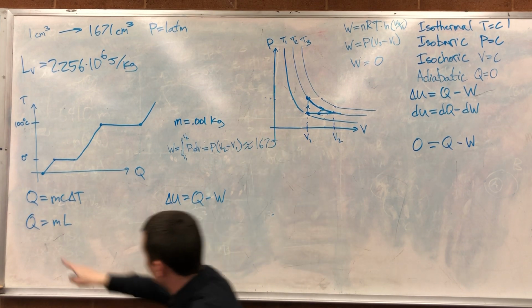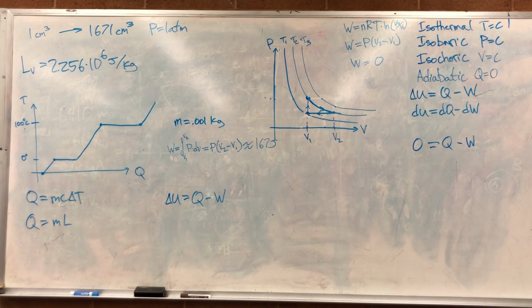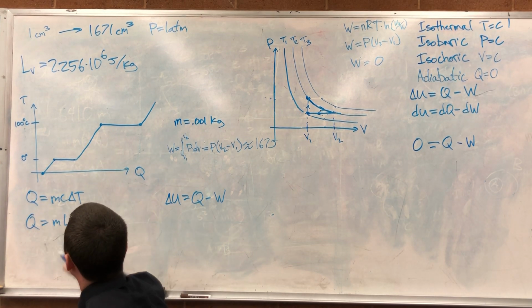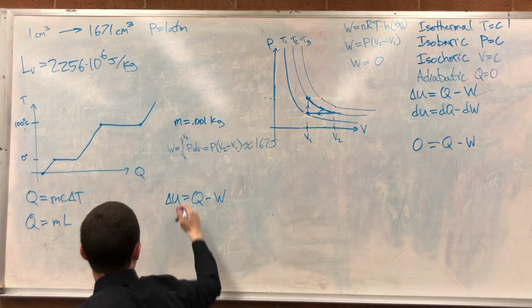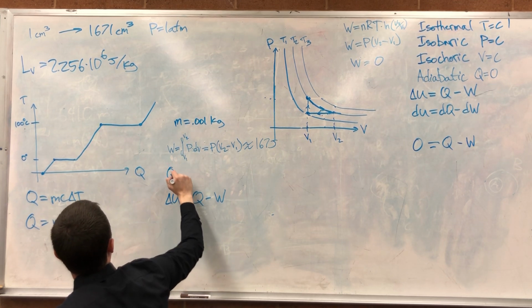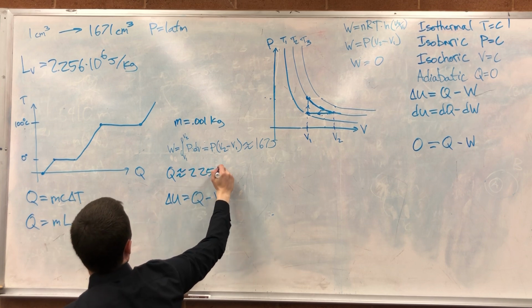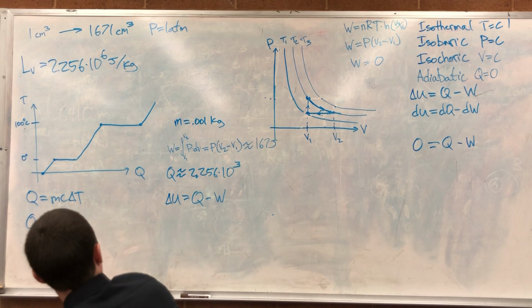And then calculate this here. We need to take 1/1000th. Well, that one's obvious because we're just reducing that by 1,000. If I take L and multiply it by 1/1000th, then we're going to get Q is approximately 2.256 times 10 to the 3 joules.